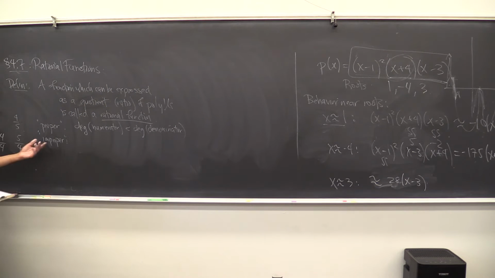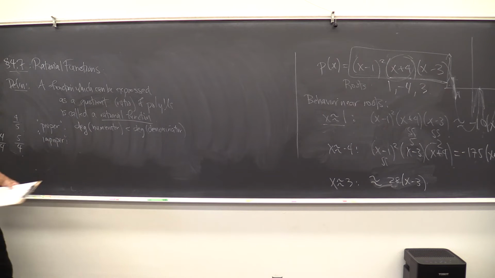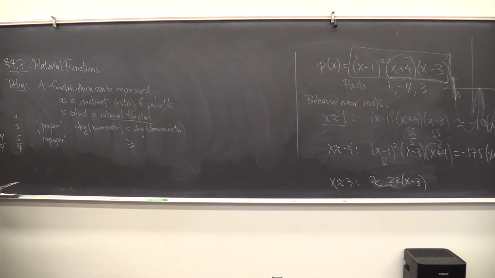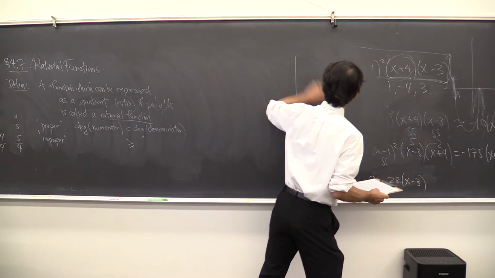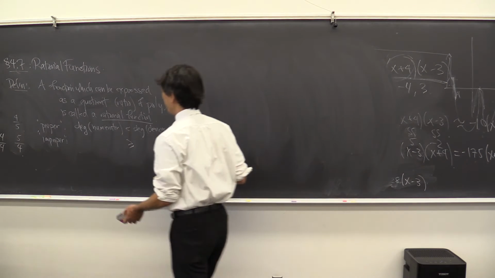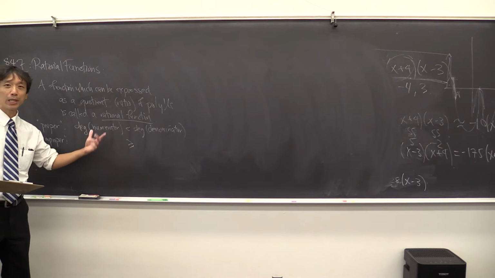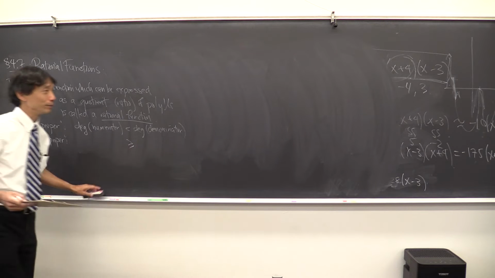And improper would be the degree of the numerator greater than or equal to the degree of the denominator. If the numerator is bigger than or equal to the denominator, you can do some division and change it into a polynomial plus a proper fraction, a proper rational function.